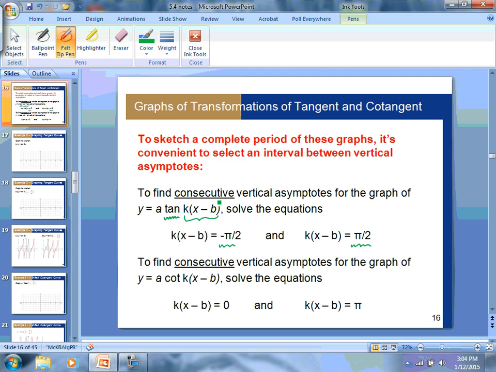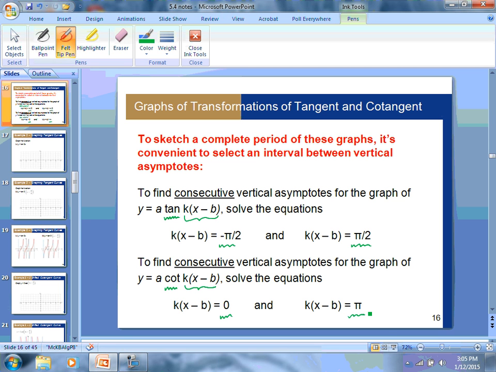Okay. And then for the cotangent function, we're going to take that same k times x minus b value, except we're going to set it equal to 0 and pi. It's because that's where the cotangent function is undefined. That's where those vertical asymptotes are.